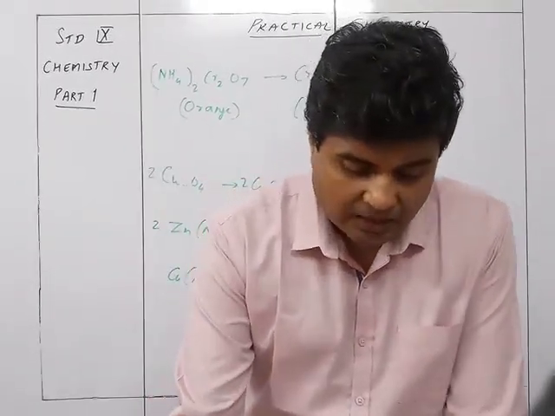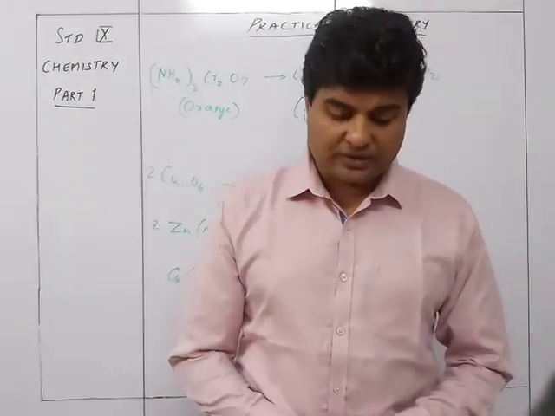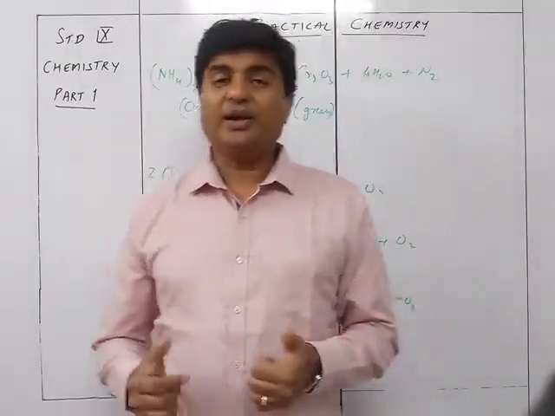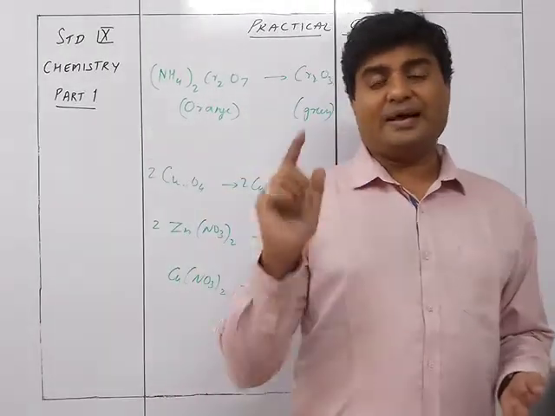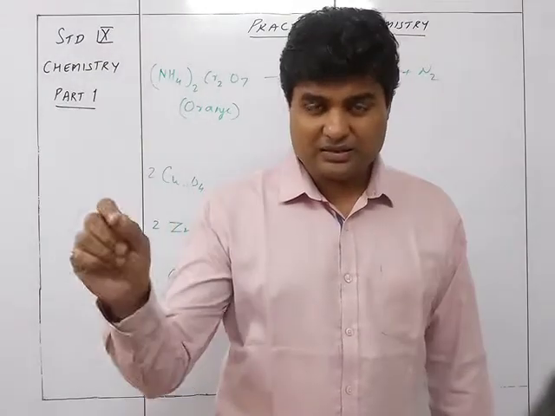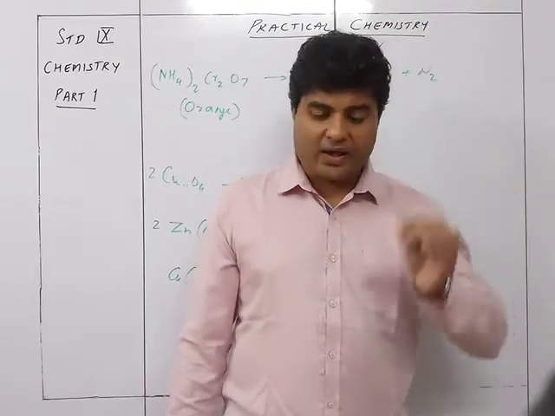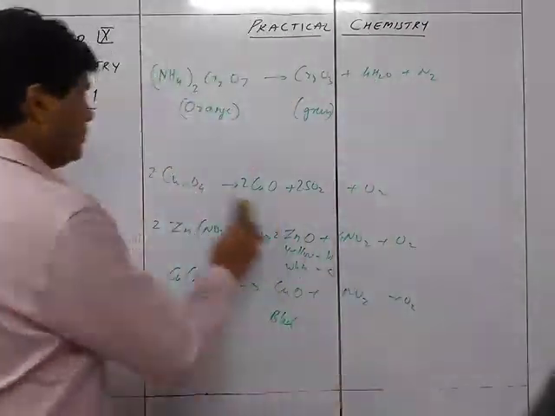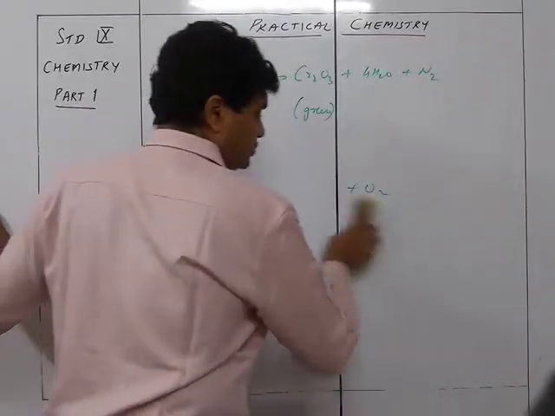Now the thing is about the addition of dilute sulfuric acid to certain things. First, we very well know, from the hydrogen chapter, that metal plus acid will give you metallic salt plus hydrogen. If you take an active metal and sulfuric acid, it is going to give you the metallic sulfate, and hydrogen gas is going to be evolved.